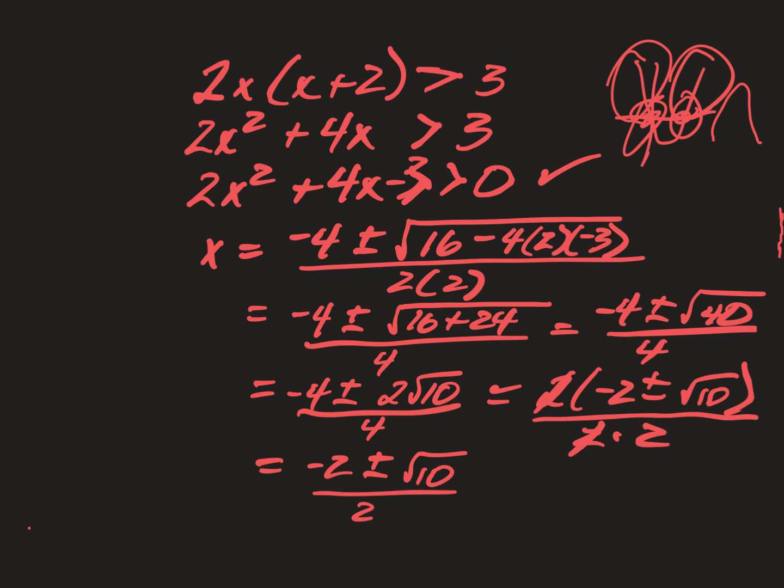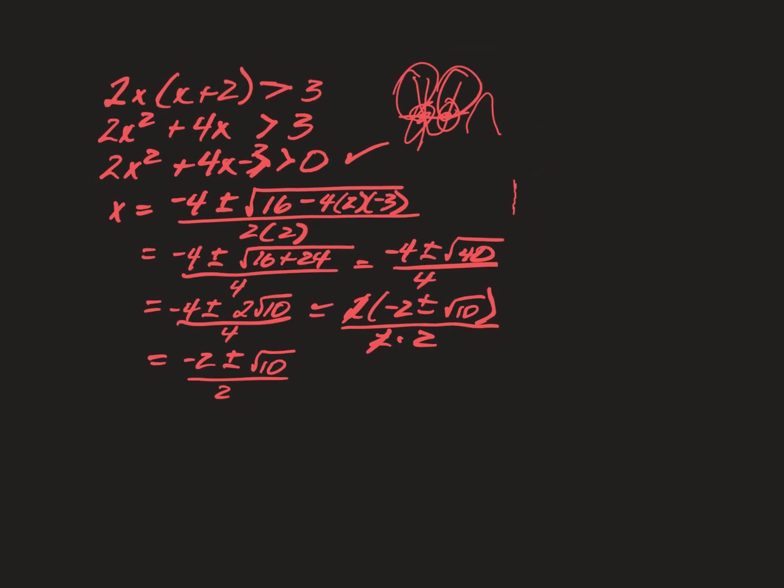Now, very often when your intercepts are like this, you might want to convert those into a decimal just so you can visualize it a little bit better. So let's do that.